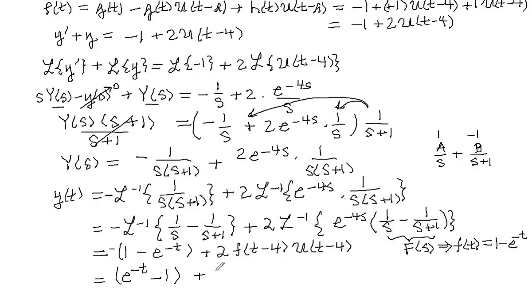And then plus 2, and f of t minus 4. Well, this is our f of t, so we plug t minus 4 in there. So this will be times 1 minus e to the negative of t minus 4. And then that whole thing gets multiplied by u of t minus 4. And there's our solution.